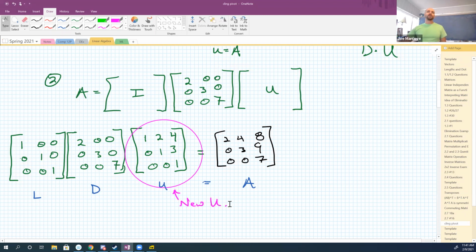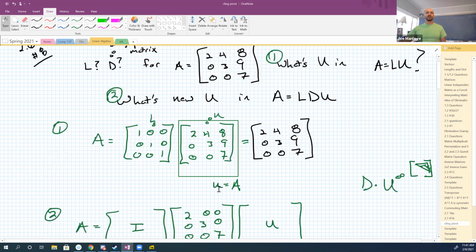Okay, now does it make sense that they wouldn't be the same? This U for part A in the LU decomposition is different than the U in the LDU decomposition. Does that kind of make sense? When would I expect these two U's to be the same?